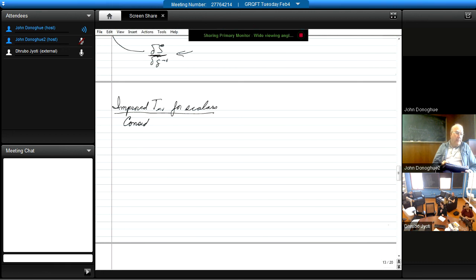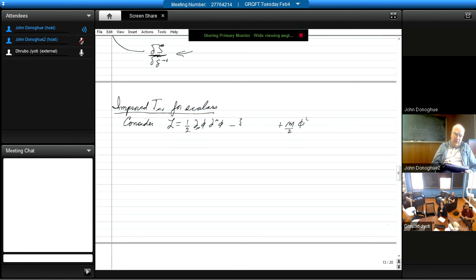Let's consider the following. The Lagrangian is, I'm doing this for massless fields, d mu phi minus. So normally for massive fields we have a half m squared phi squared sitting here.